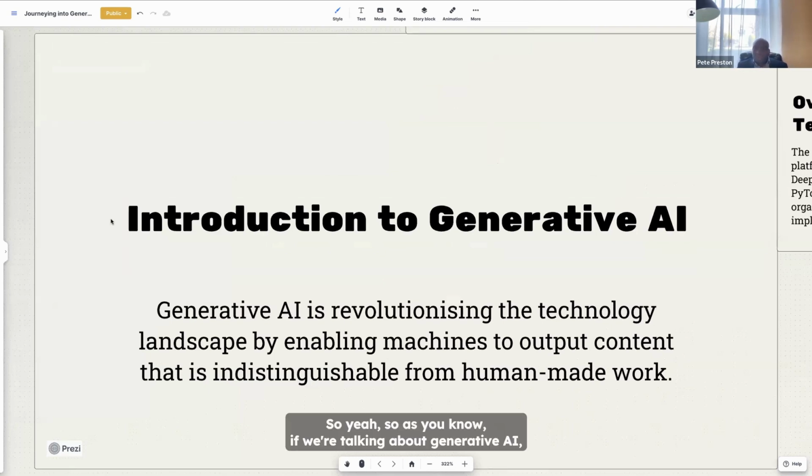Okay, so as you know, if we're talking about generative AI, it's important to understand what it is. We all have seen the output. It's nearly 3 years now since the actual interest in Gen AI came on with ChatGPT on November 30th, 2022. This was done by OpenAI.